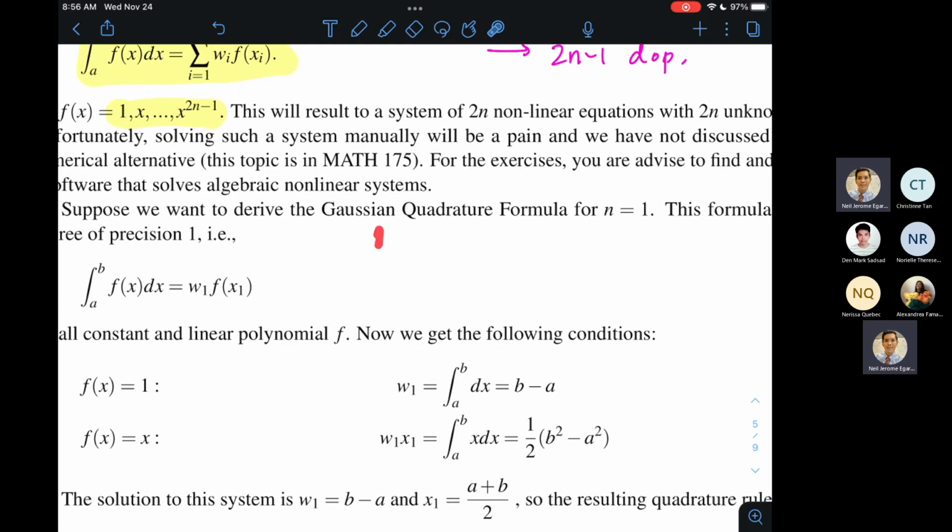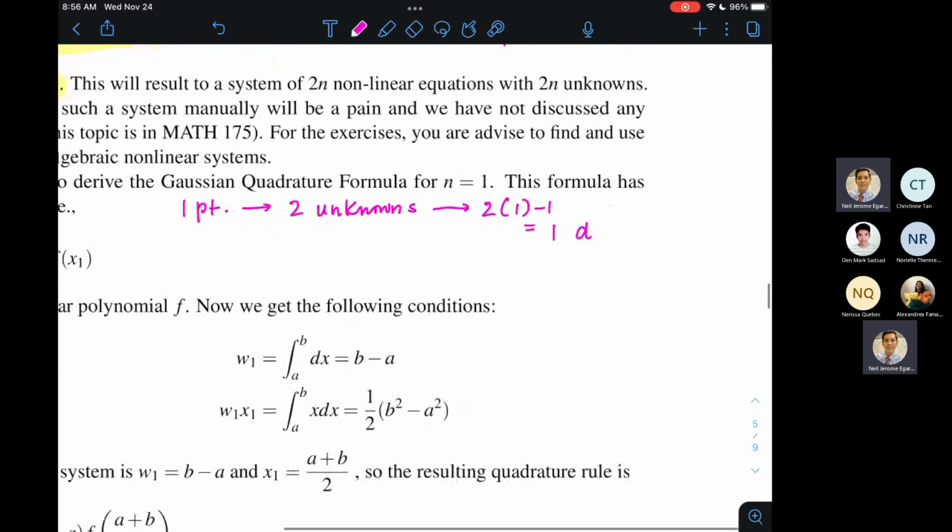So meron akong 1 point na gustong gamitin. That will give us what? That will give us two unknowns, W1 and x1. And this will give us a formula of degree of precision 2 times 1 minus 1. So that's going to be degree of precision 1.